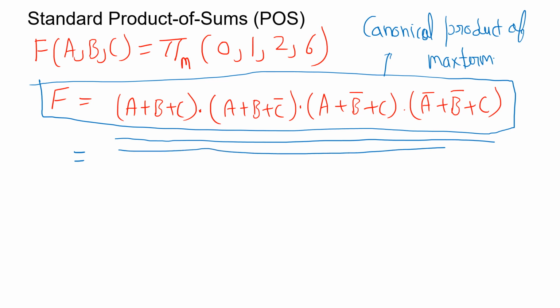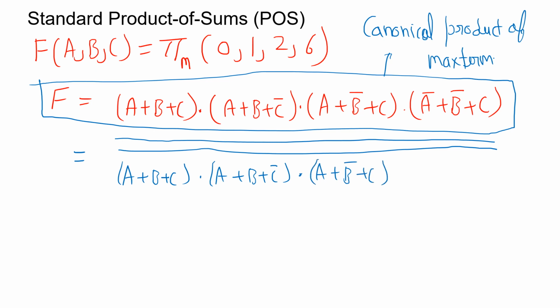Once you say double complement, it will nullify itself. So here we have (A plus B plus C) dot (A plus B plus C bar) dot (A plus B bar plus C) dot (A bar plus B bar plus C), right?